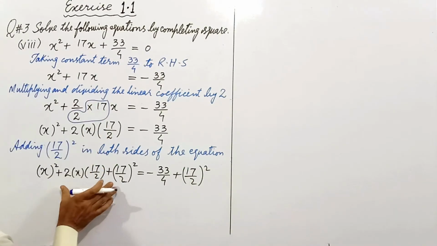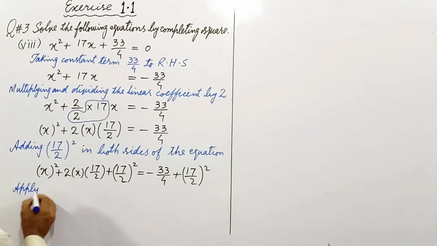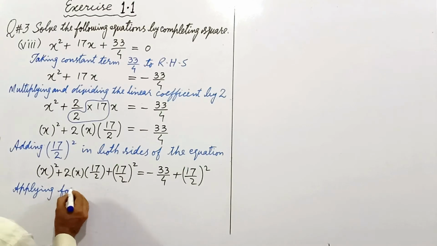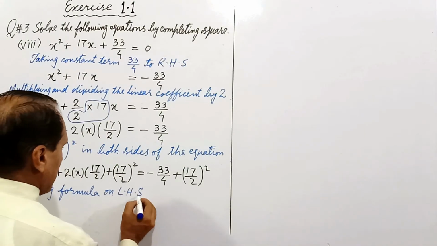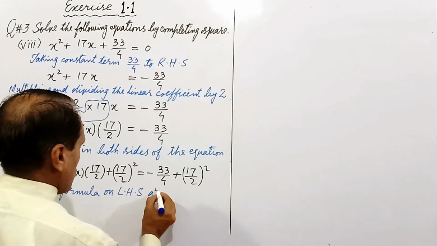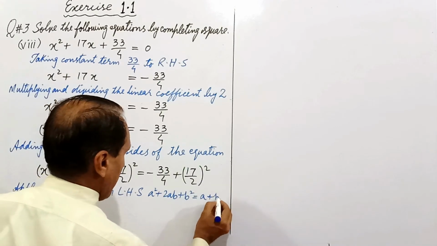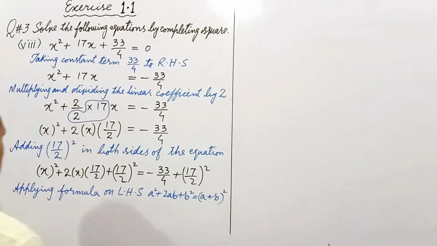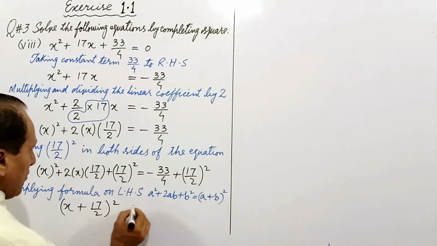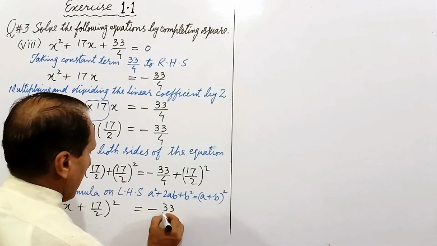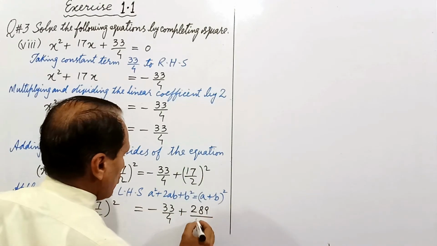Applying the formula on the left hand side to make it a perfect square, that is a square plus 2ab plus b square is equal to a plus b whole square. We have x plus 17 over 2 whole square on the left hand side and minus 33 by 4 plus 17 square is 289 and 2 square is 4.